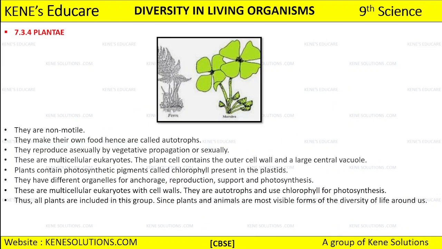So before starting about kingdom Plantae, I want you all to know that kingdom Plantae is divided into 5 main divisions. Okay, you're already aware of, but आपको basic चीज़ें पता होनी चाहिए. So we have Thallophyta. Okay, then we have Bryophyta. We have Pteridophyta.